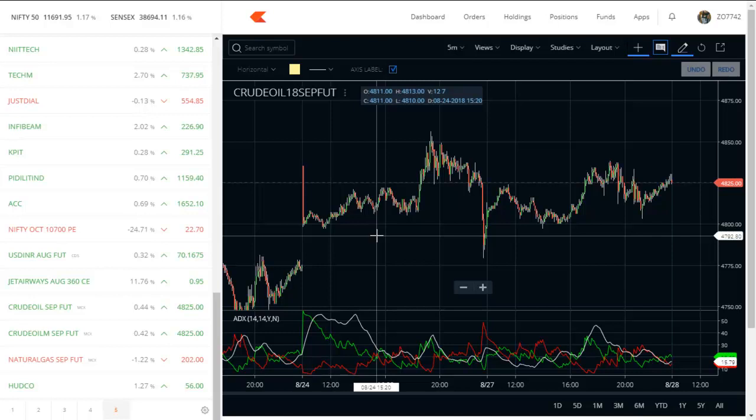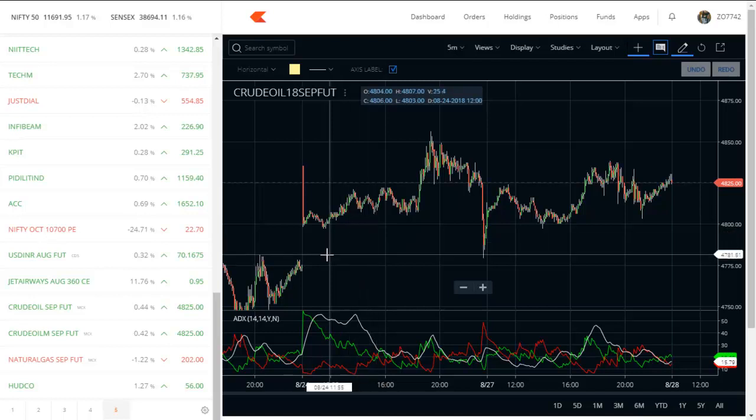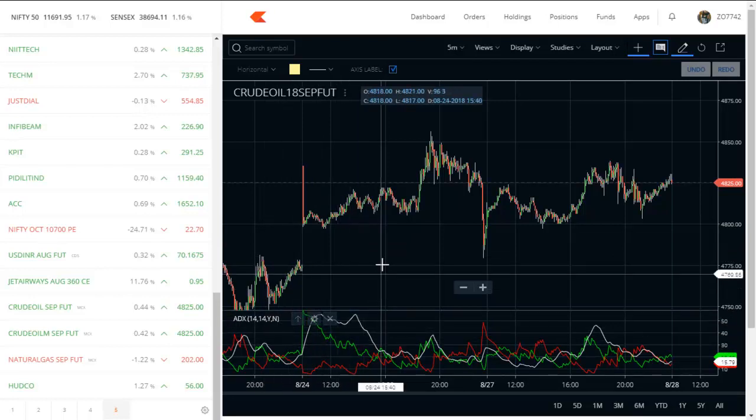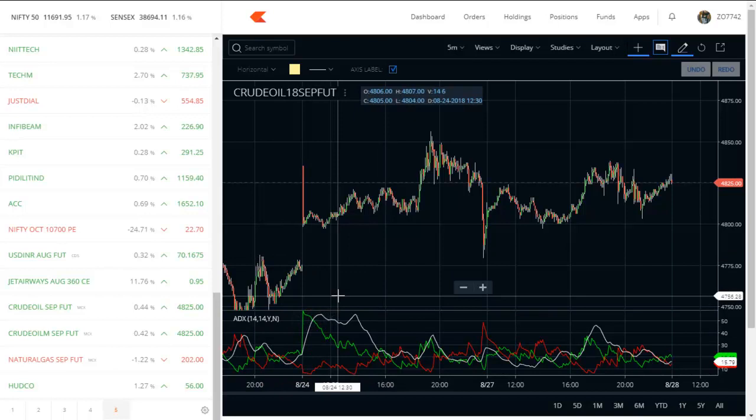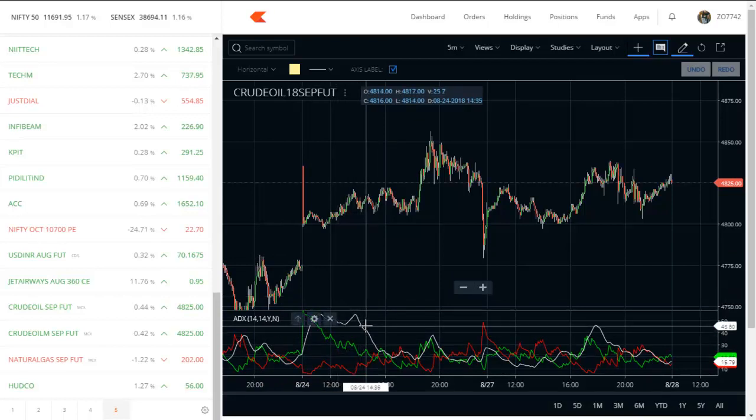So if the price is continuously rising, in price action we say the market is in uptrend, and if the price is falling, we say that it is in a downtrend, right? Similarly, on the basis of some calculations, this indicator ADX gives you a signal which tells you that the market is either in an uptrend or in a downtrend, or it could be choppy.